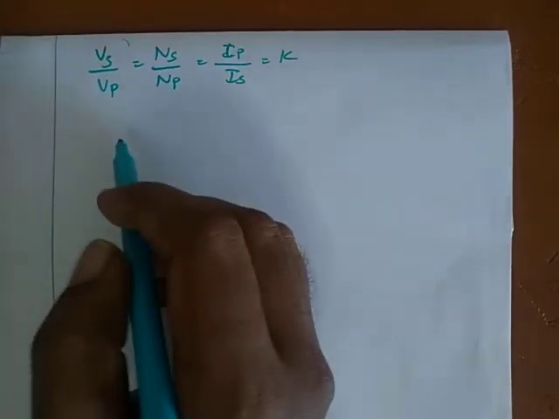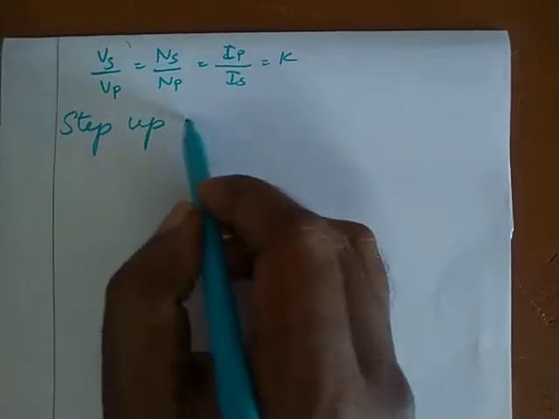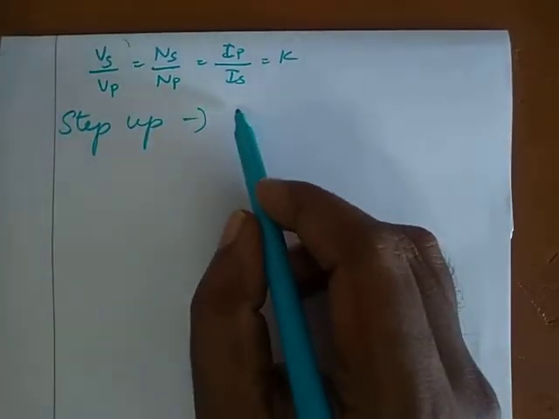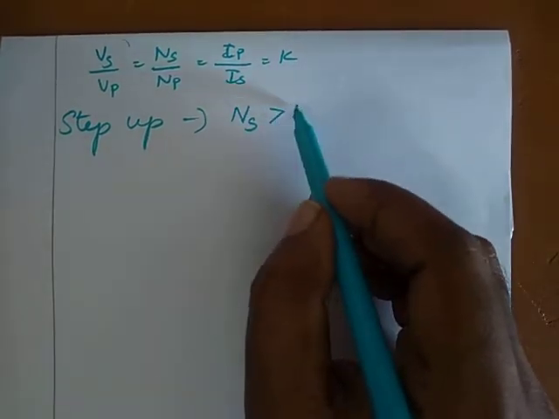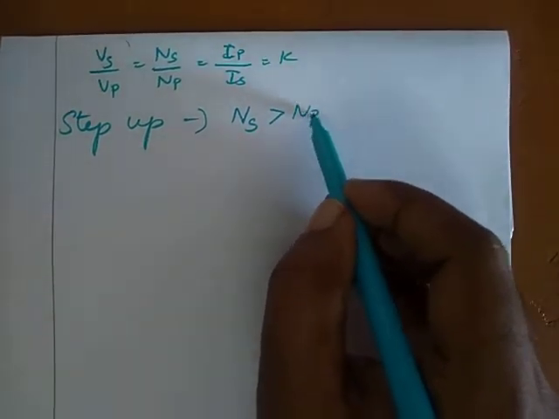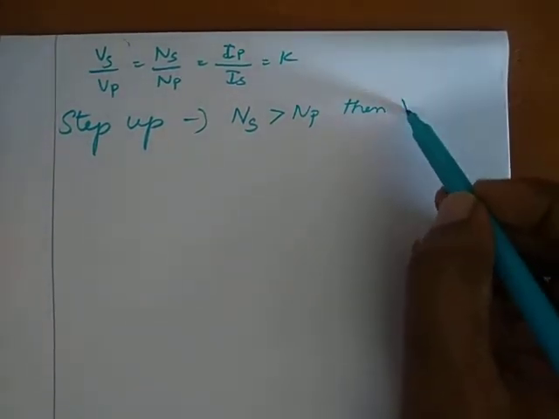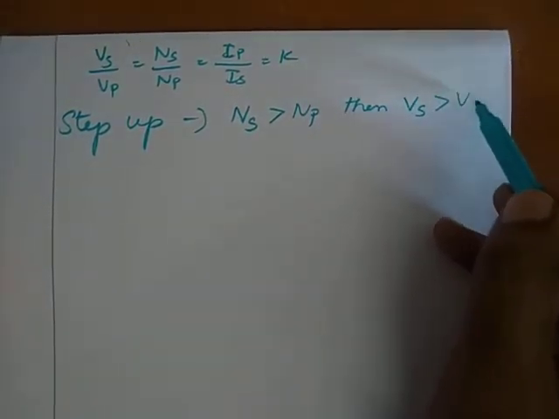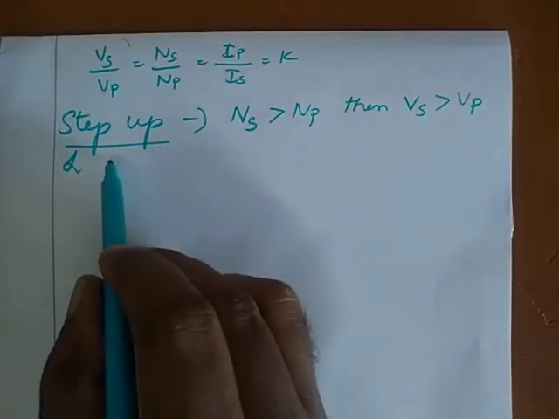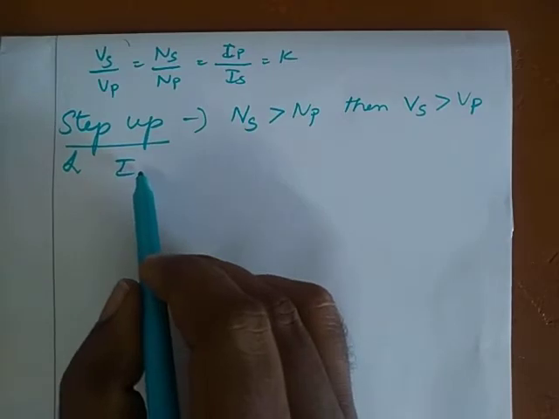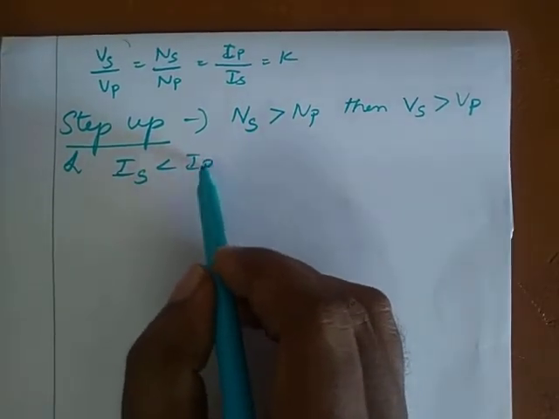For a step up transformer, the number of turns in the secondary coil is greater than the number of turns in the primary coil. Then the voltage across the secondary coil is greater than the voltage across the primary coil, and the current in the secondary coil is less than the current in the primary coil.